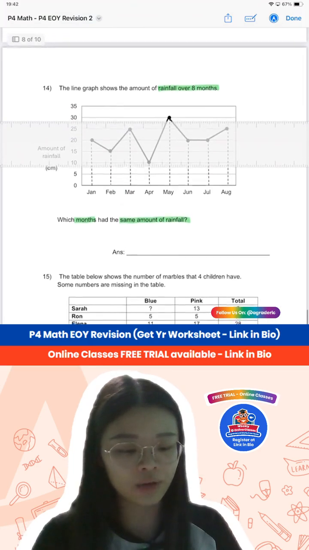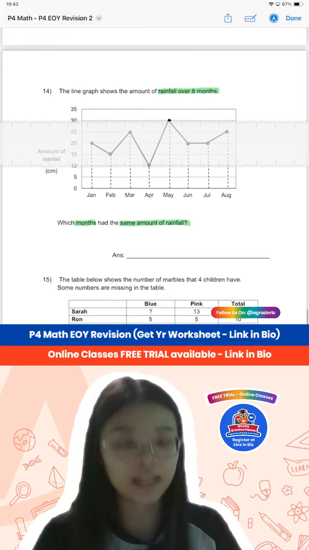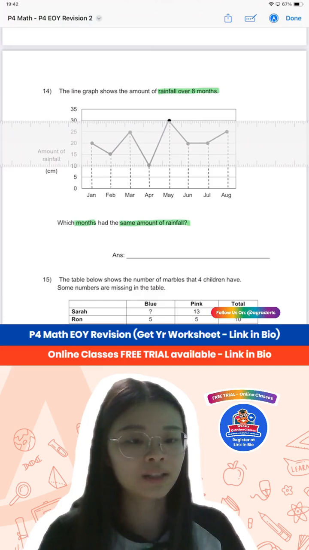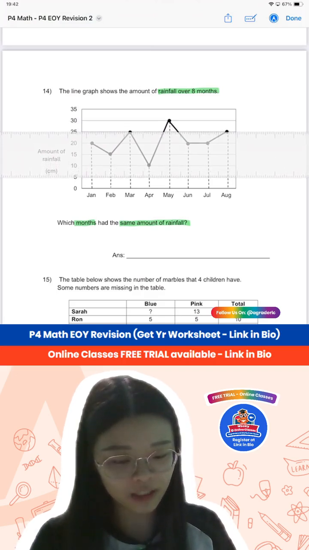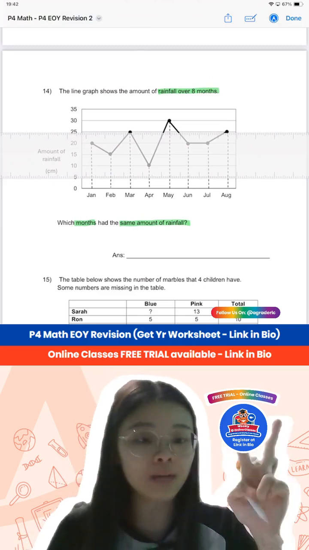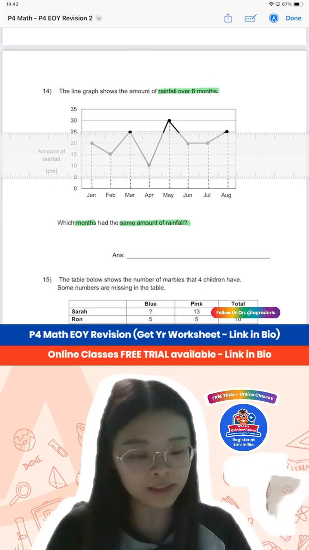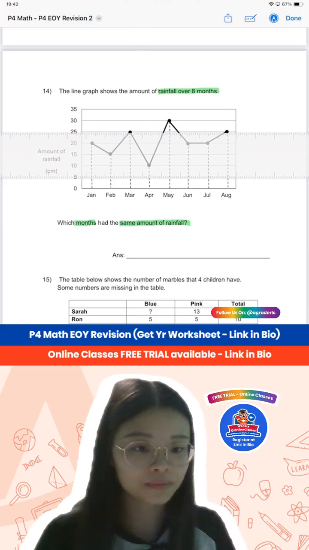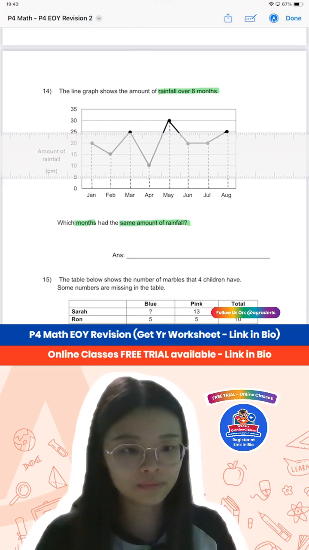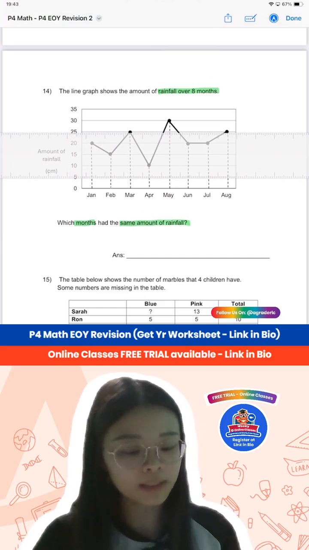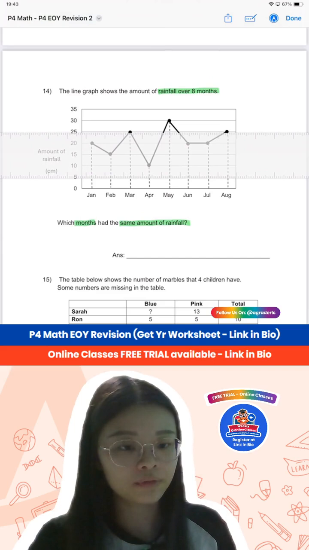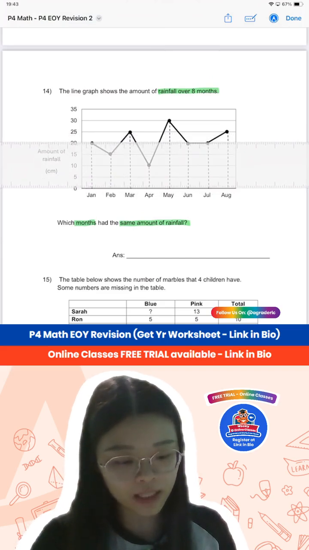So as you can see, the first one, May, has nothing in common. It's not the same as any other. Then we can come down to the next number. You can see that there are 2 months. And what are those 2 months? Some of you say this portion over here.